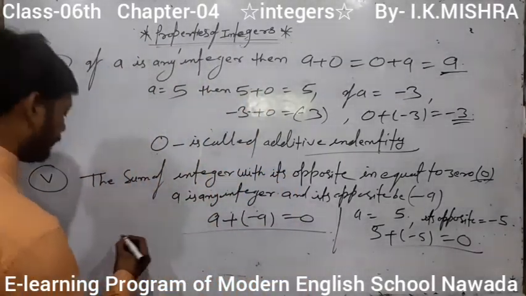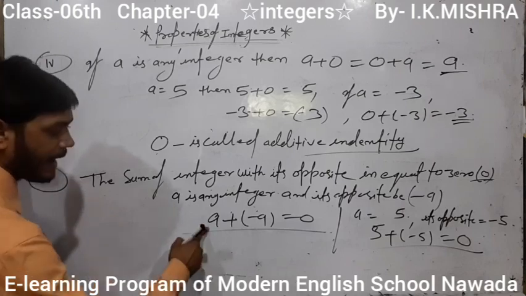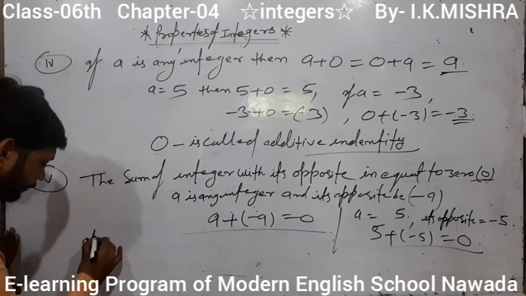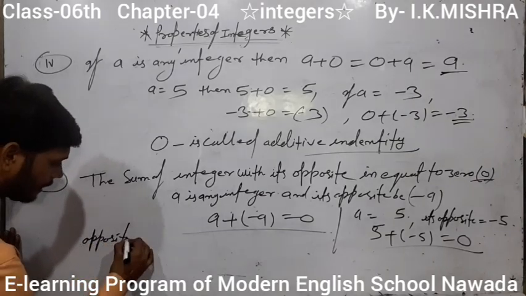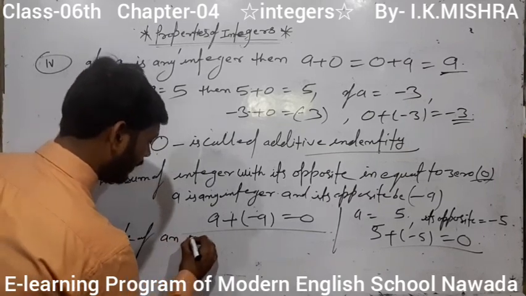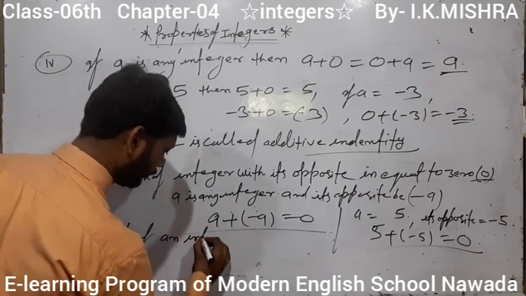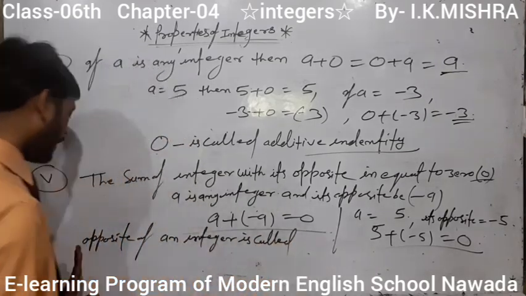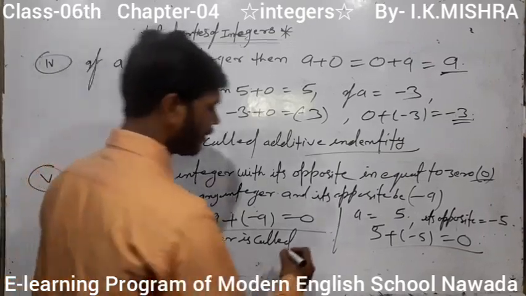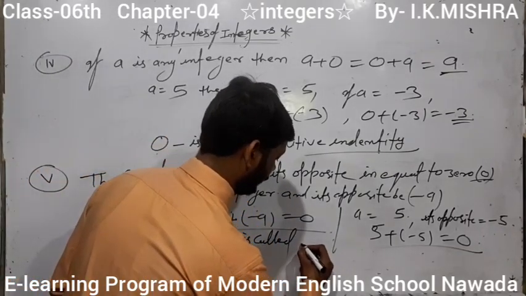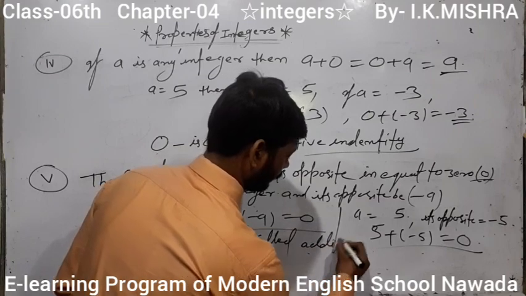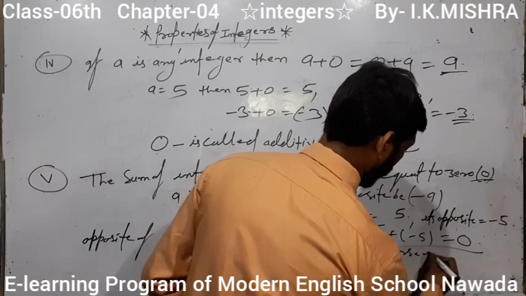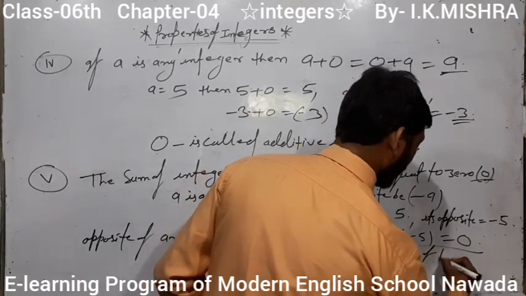Here, students, A and minus A, here minus A is the opposite of A. So the opposite of an integer is called the additive inverse of that integer.